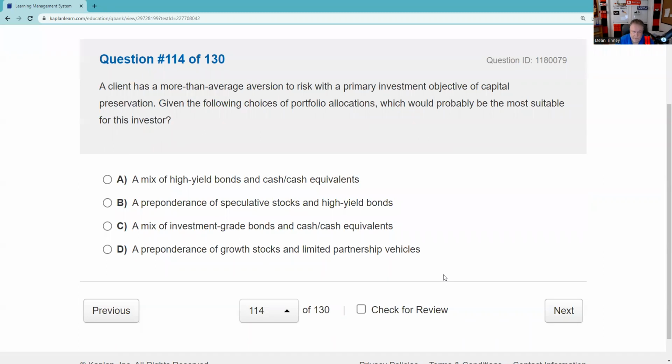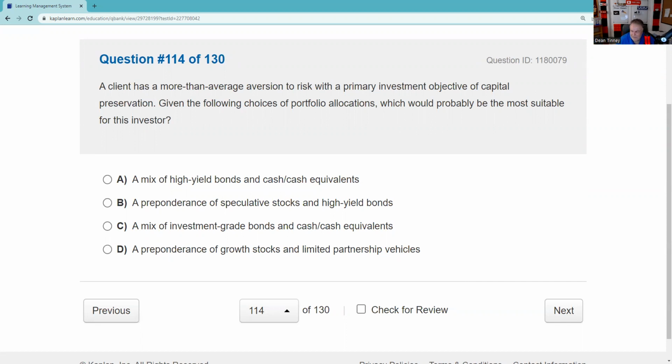A client has a more than average aversion to risk with a primary investment objective of capital preservation. Given the following choices of portfolio allocations, which would probably be most suitable for this investor? I get these wrong all the time because these things are judgment, and I'm prejudiced. I think you should be probably fully equitized until you die, but that's not what the test is looking for.